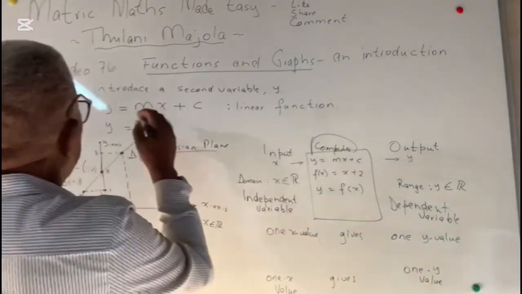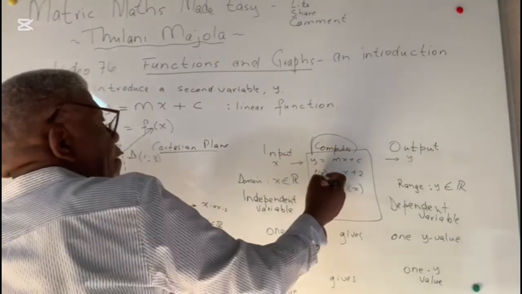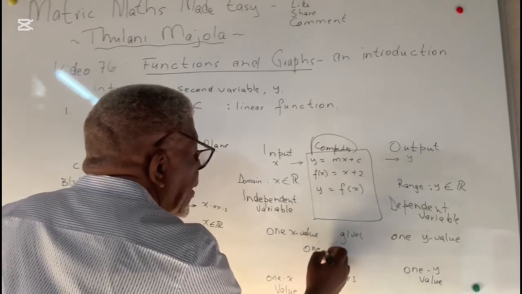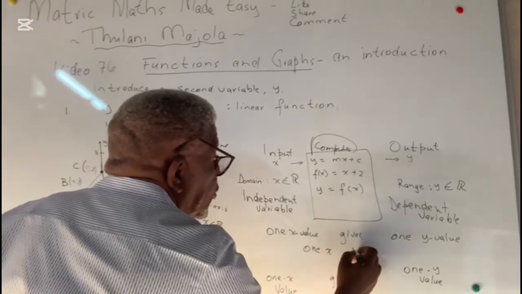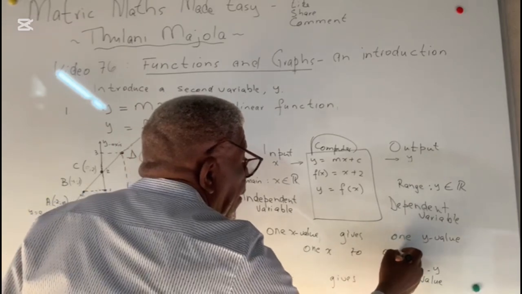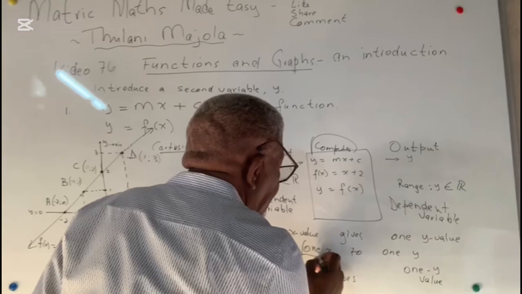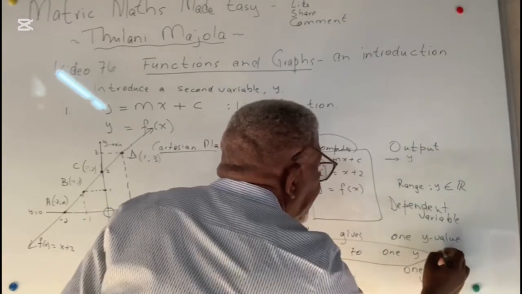So this function y equals f of x equals x plus 2 is a one-to-one function, one x to one y. So that's why it's called a one-to-one function.